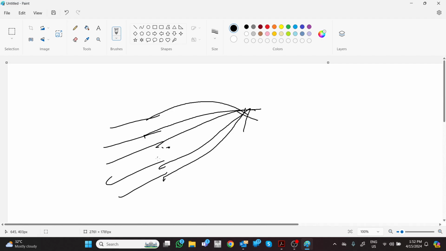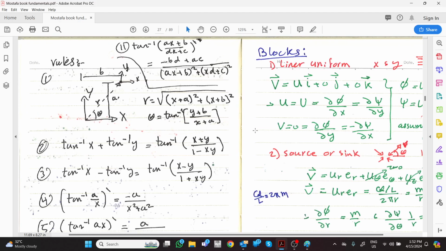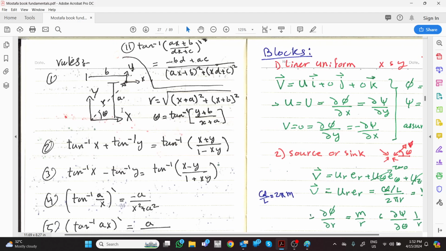Okay, now if I put x and y here, I need to shift this x or y because the potential function and stream function are built on this one. So to shift the axis from this point to this point, we are going to follow this concept.